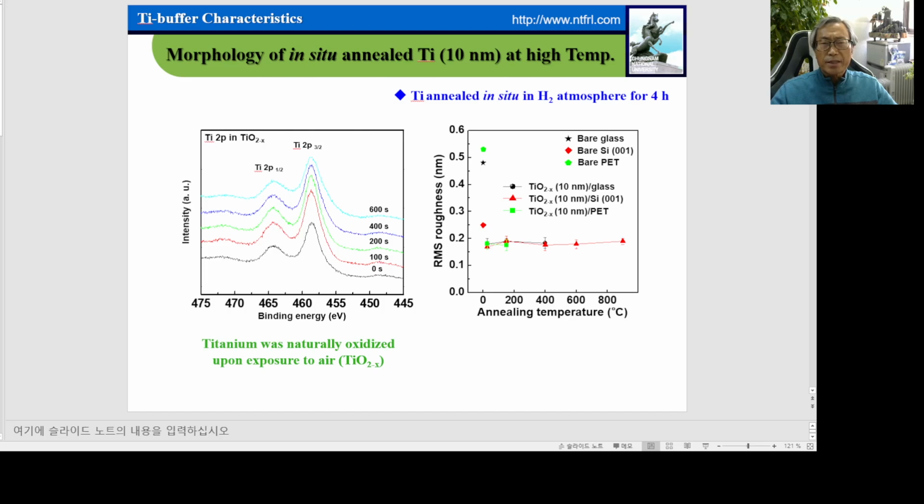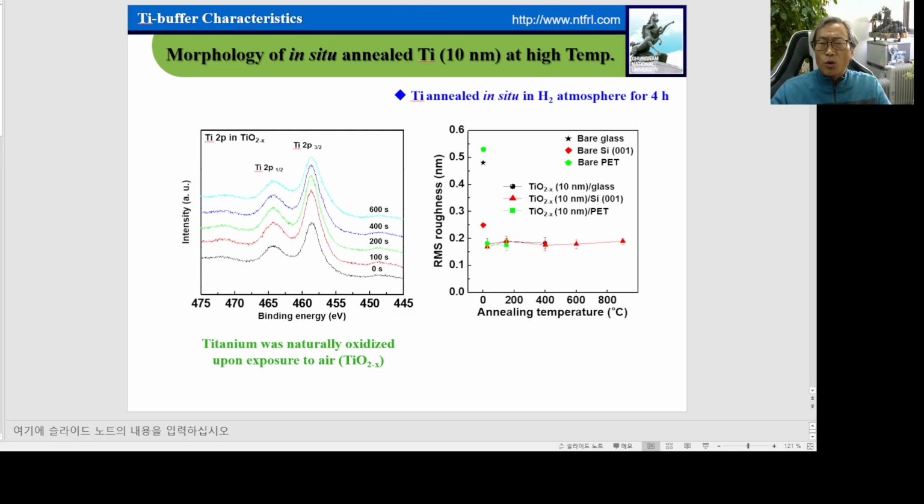After that, the titanium is taken out from the chamber. In ambient air, titanium is very rapidly oxidized. We checked this with XPS analysis. Titanium is naturally oxidized on exposure to air.